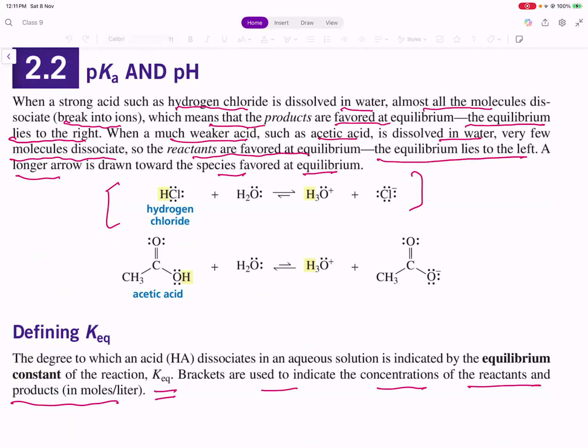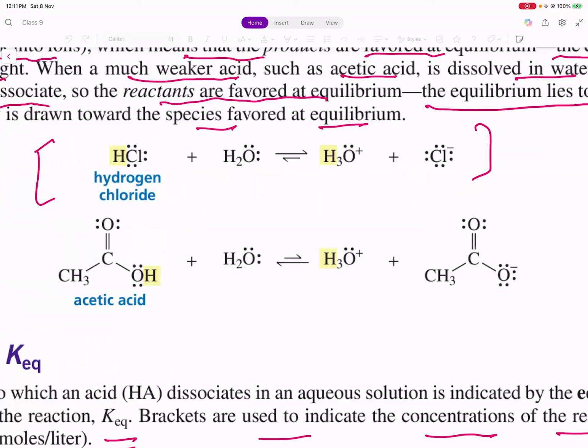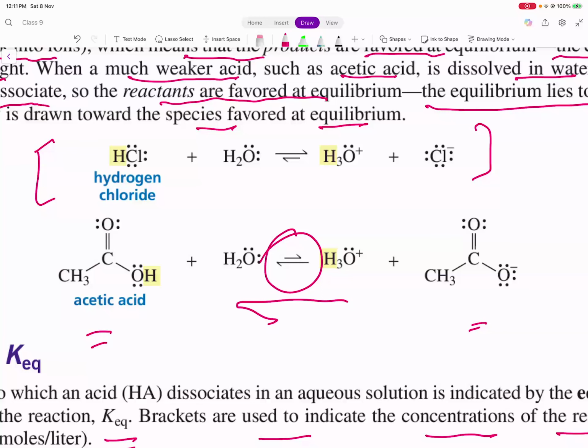pKa and pH. Well, we can see in the top reaction, the big arrow is in the forward direction. It means that a large portion of this particular reactant has reacted, and they will give more products as compared to when product reacts to give the reactant. And in the bottom reaction, what will happen? Here we can see this back arrow is greater.